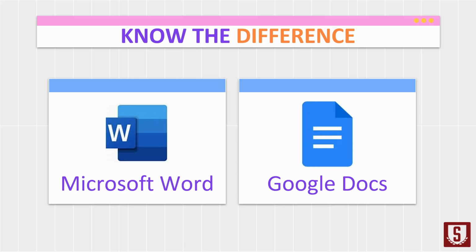But always ask your professor what they prefer. But if you are going to use a Google Doc to type your assignment, you can still convert that doc and download it as a Microsoft Word doc or even a PDF. So just know the difference between the two and how you can navigate each type of document.